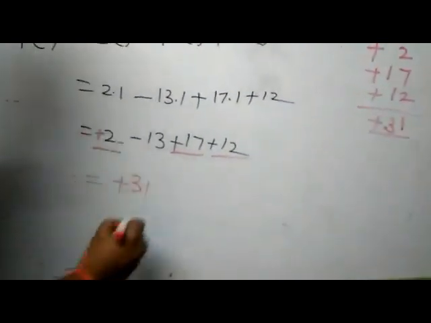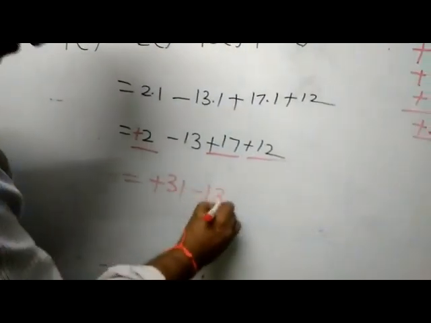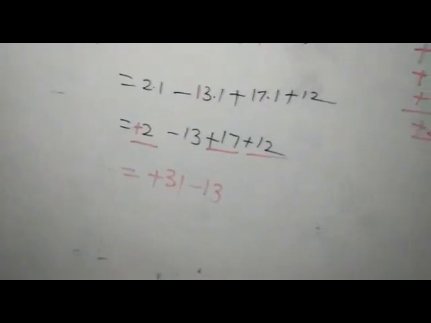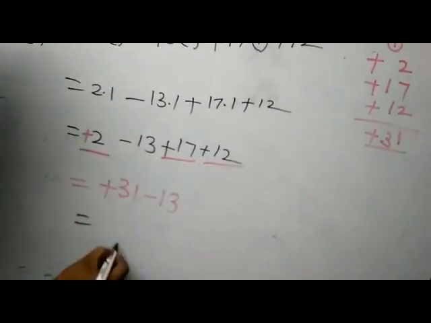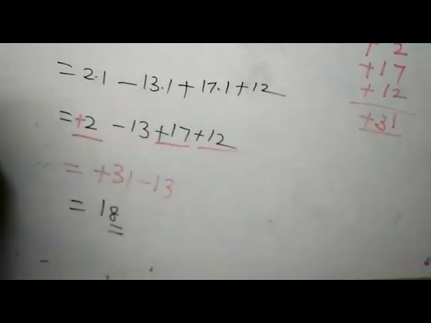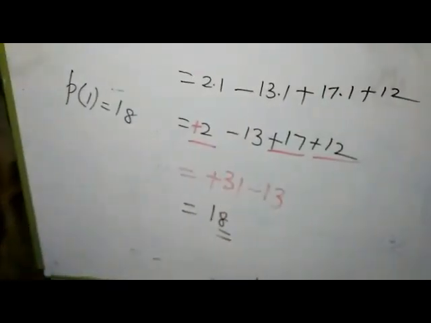This is plus 31. Only one minus symbol is there, that's why minus 13. 31 minus 13 is equal to 18. Therefore, P of 1 is equal to 18.